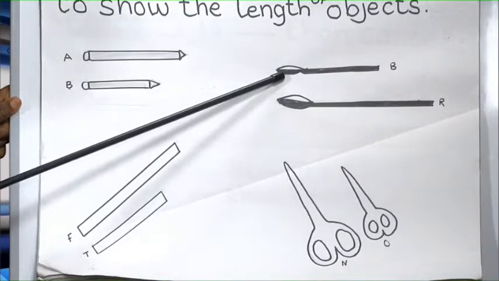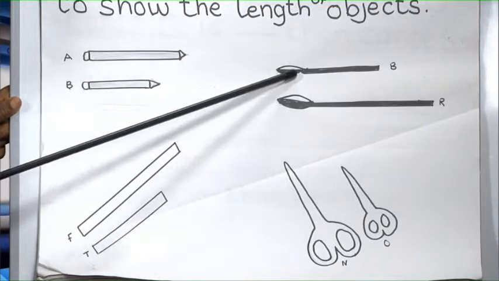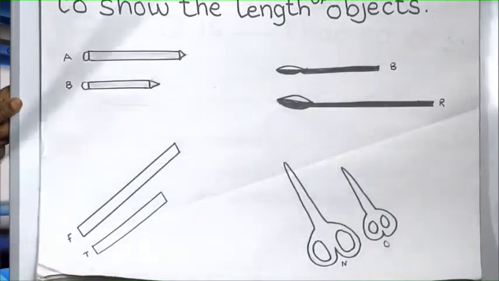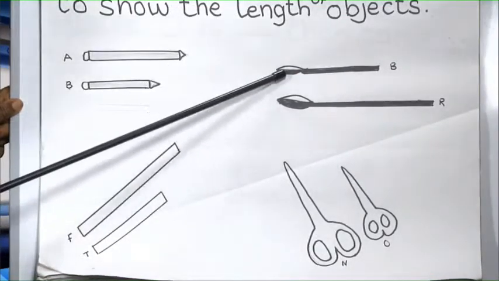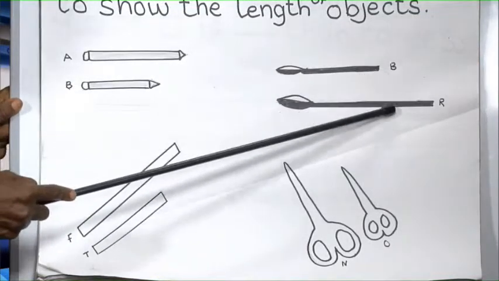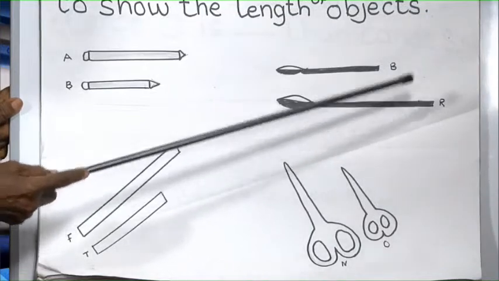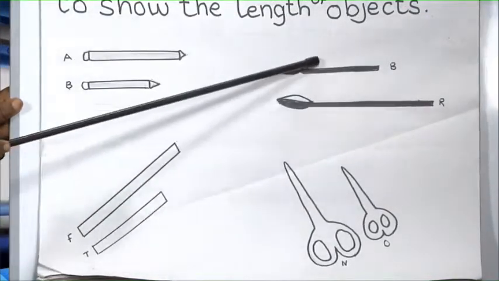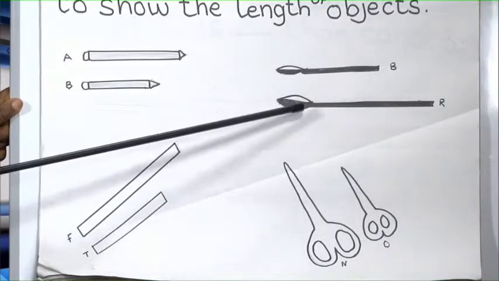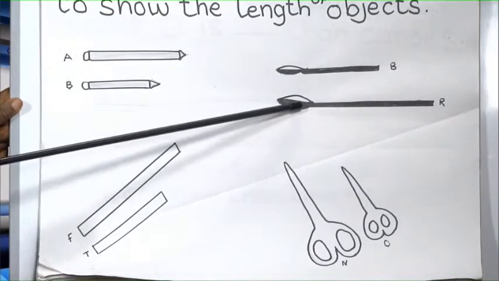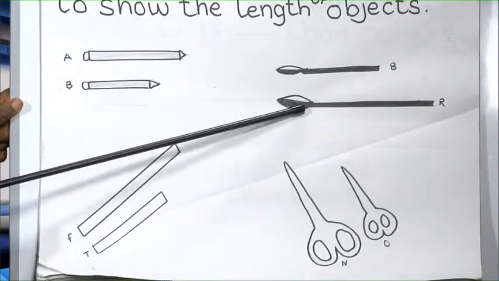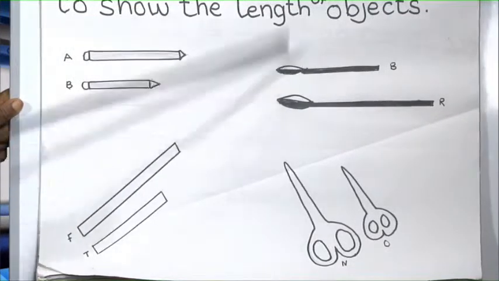Spoon B is shorter than spoon R. And what is spoon R to spoon B? Spoon R is longer than spoon B.